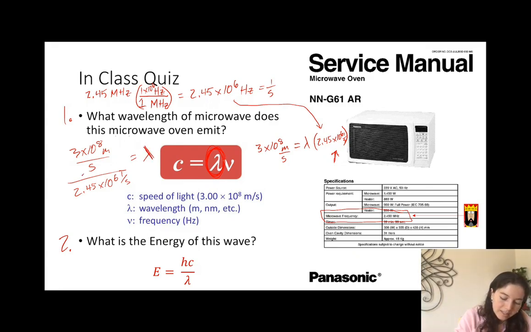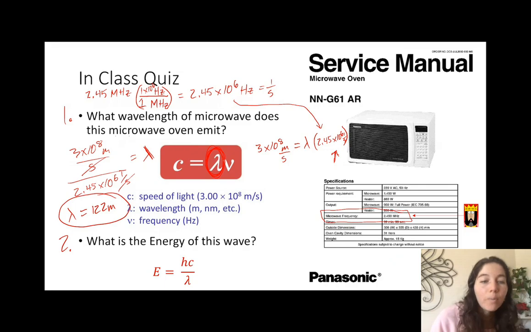We're going to see that our seconds cancel out here and that we end up with meters as our answer. So what we find when we do this math is that lambda is equal to 122 meters. We know this is meters, not nanometers, because of us keeping track of our units and knowing where that is coming from.